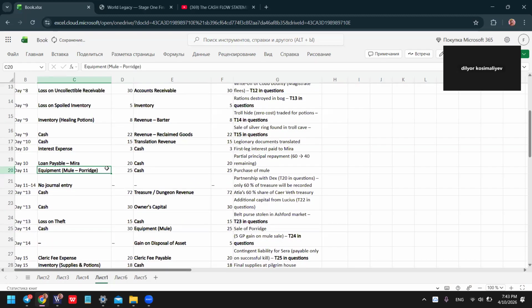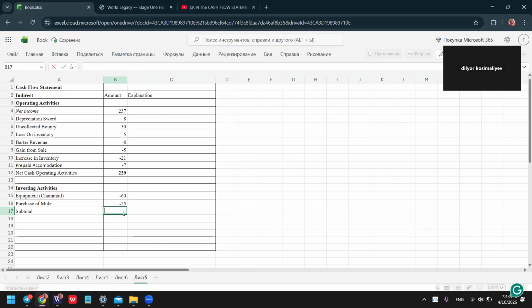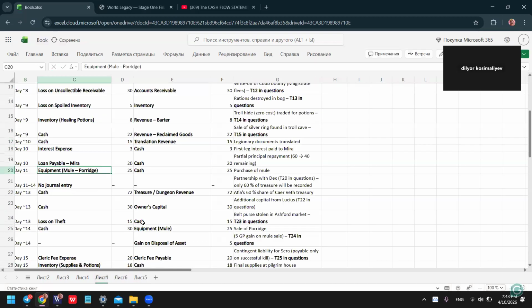Mostly the investing activities here are equipment and supplies. So subtotal. Subtotal is... let's see.